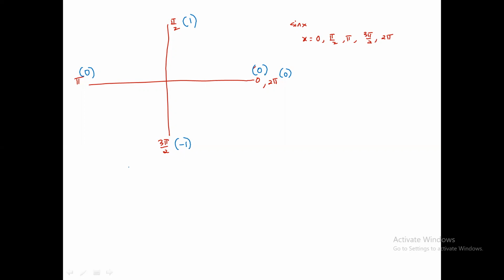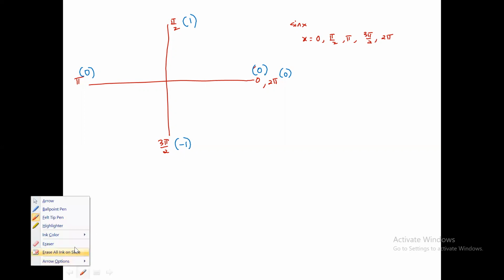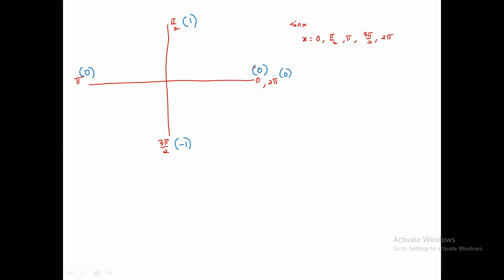Not only these, you can make many more revolutions. Like after 2 pi plus pi by 2, you can write 5 pi by 2 here. You can write 3 pi here, 7 pi by 2 here, then 4 pi here.